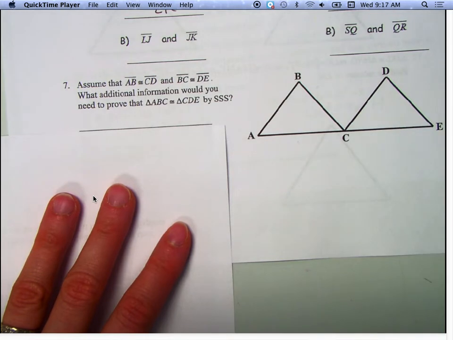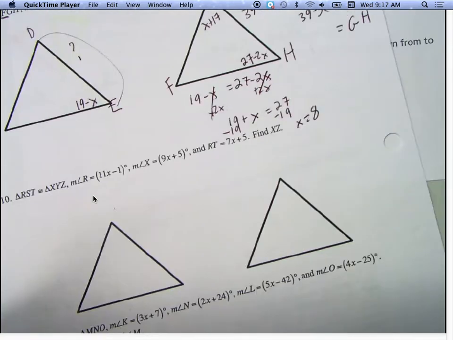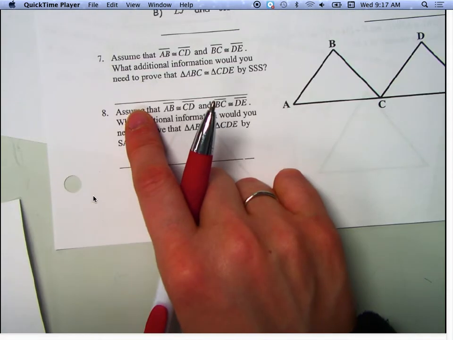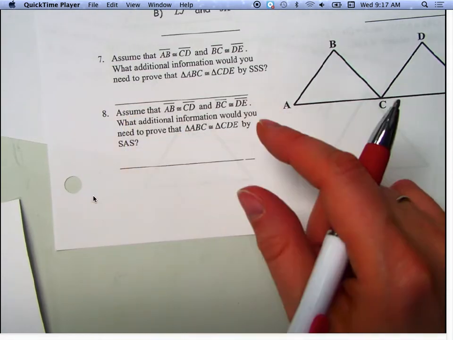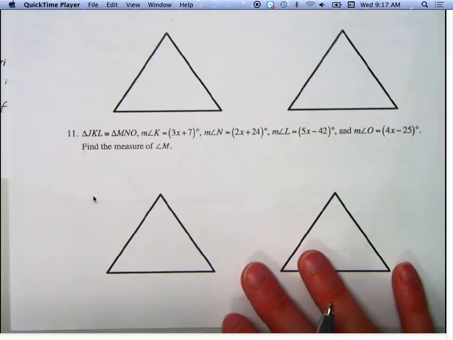What additional information do you need? This is just like last night's homework. So 7 and 8 are just like last night's homework. What extra information do you have? Number 6, I wrote R. Okay. Number 10.